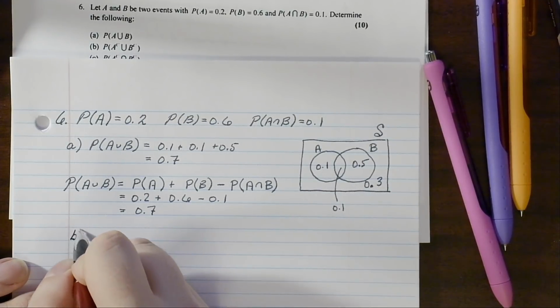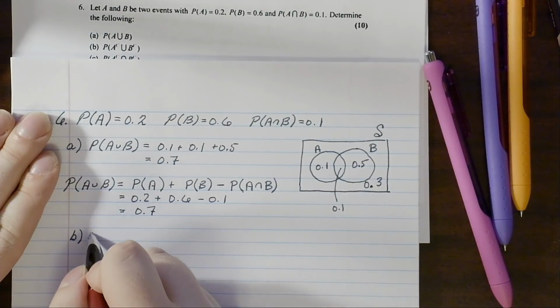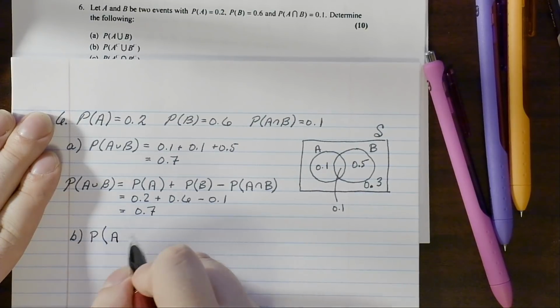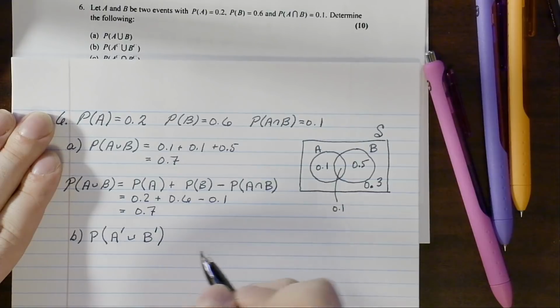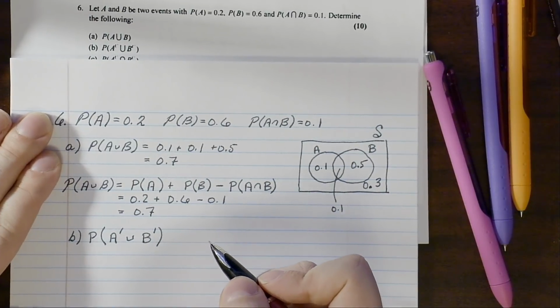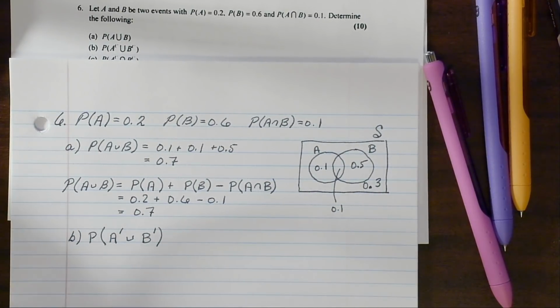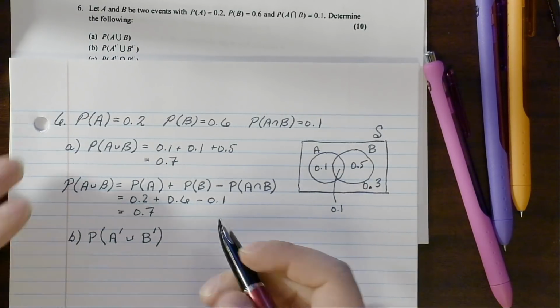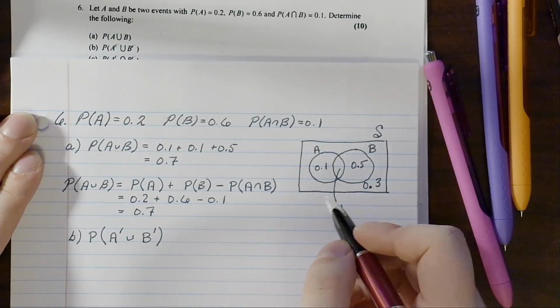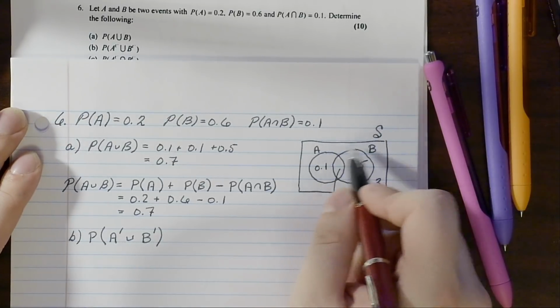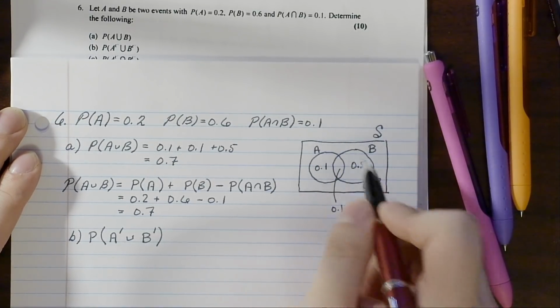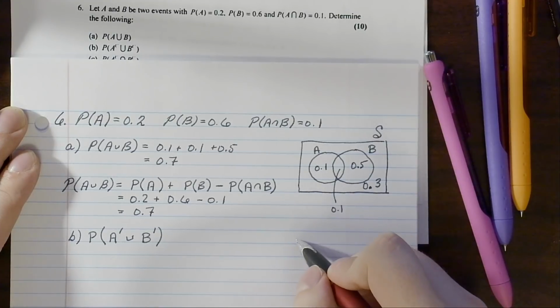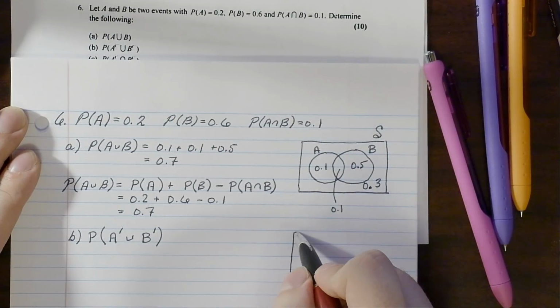Part B. Now the probability of A complement union B complement. So that's everything outside of A. Maybe I should draw that in. I can draw a nice little Venn diagram for this.